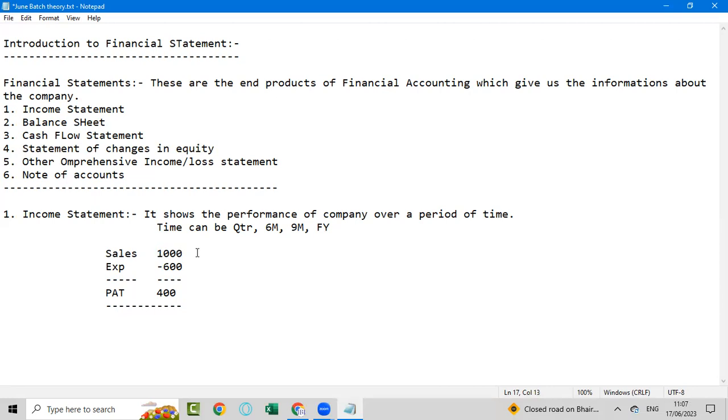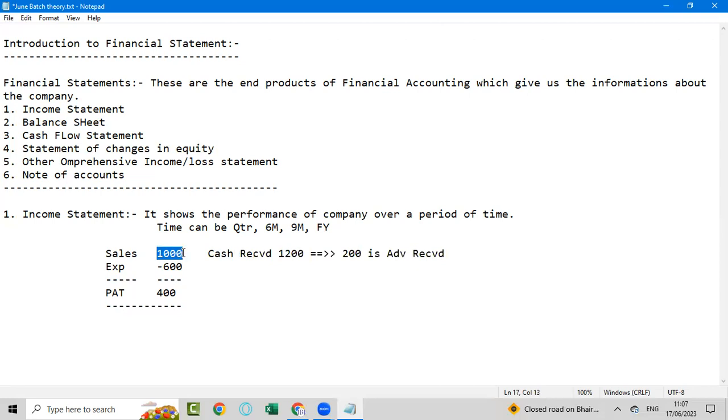So let's suppose cash received is 1200. Then what is 200? 200 is advance received. You are showing revenue of 1000.